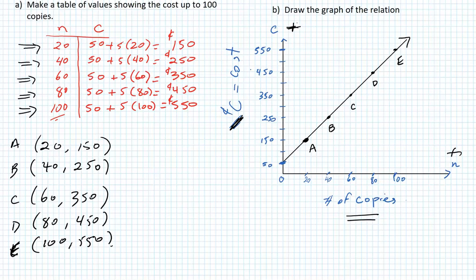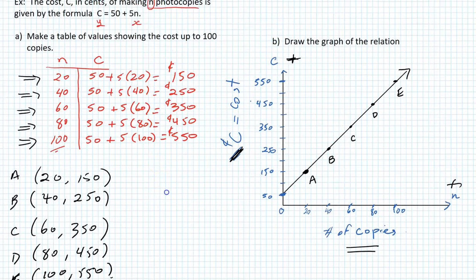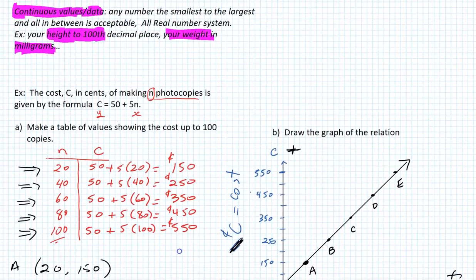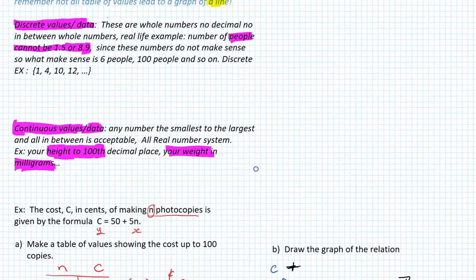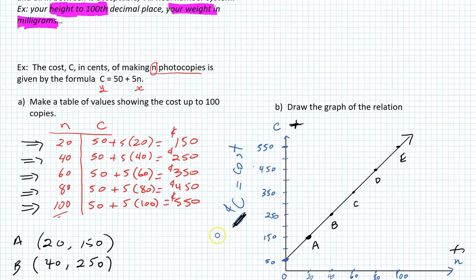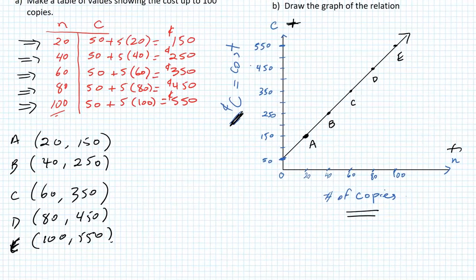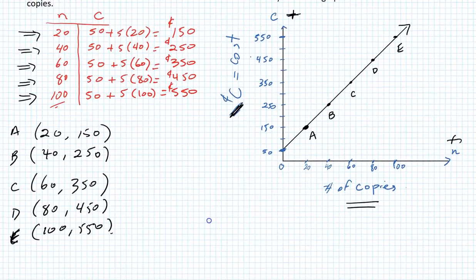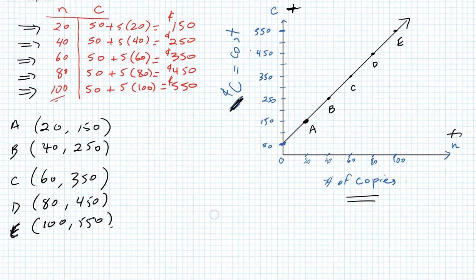The other piece is that notice that these are actually discrete values. Remember what we talked about, discrete and continuous. This is discrete. Why? Because we cannot have half a photocopy of something, either the whole copy or no copies.